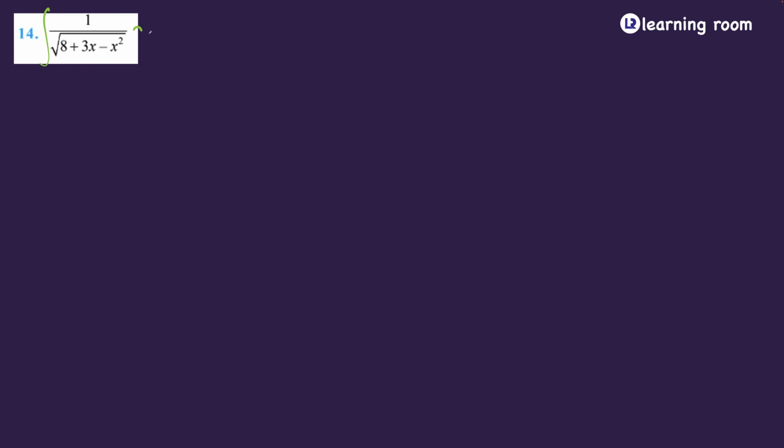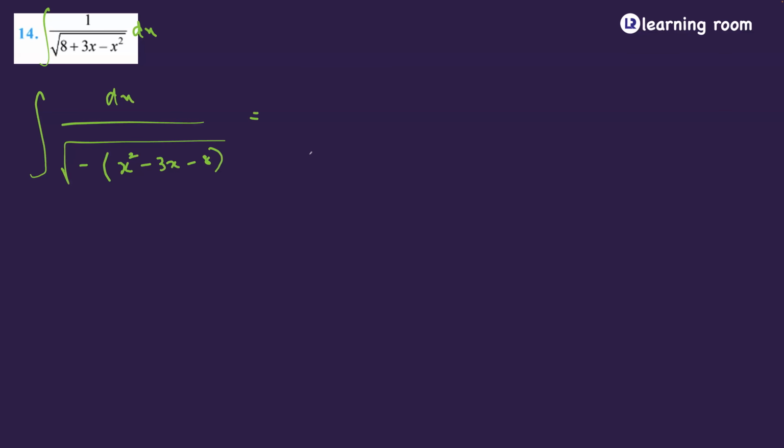So 14th one is integral of 1 by root of 8 plus 3x minus x square. Okay. So integral of dx divided by square root of, if I take the minus sign outside, negative of x square minus 3x minus 8, right?